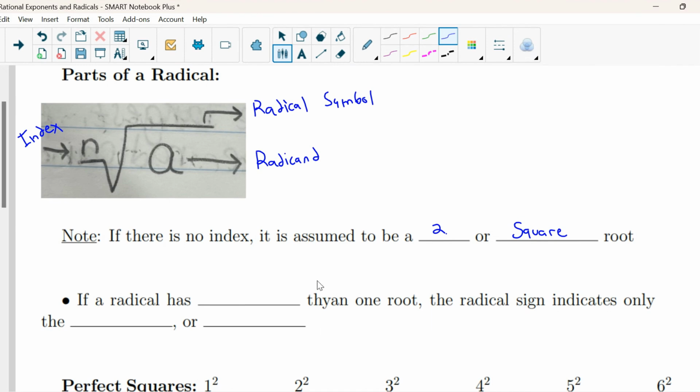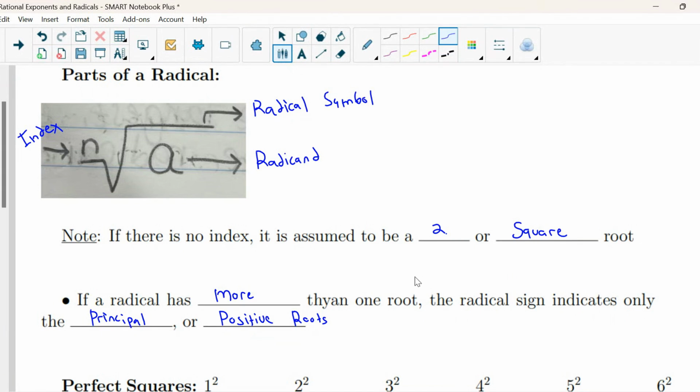If a radical has more than one root, the radical sign only indicates the principal, or positive, root. So when you're working with radicals, you know that you're working with positive roots.